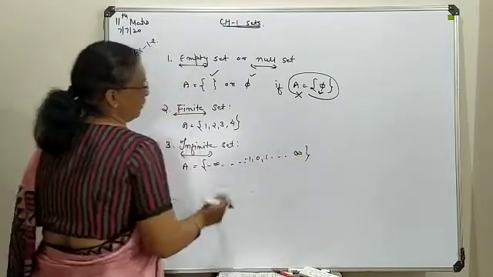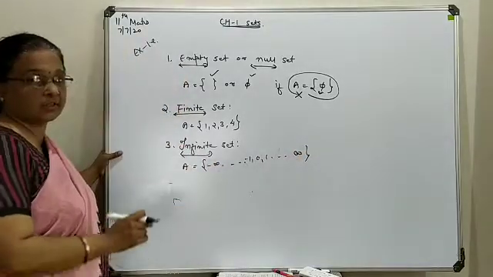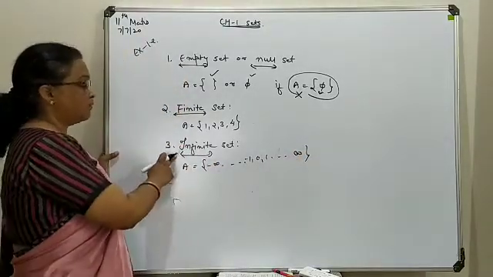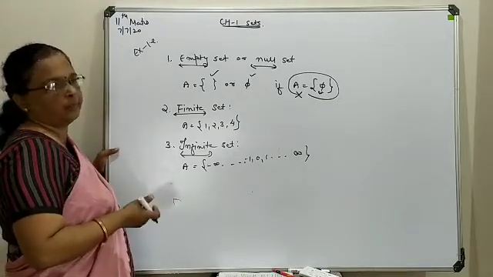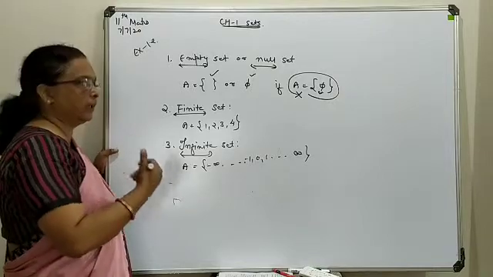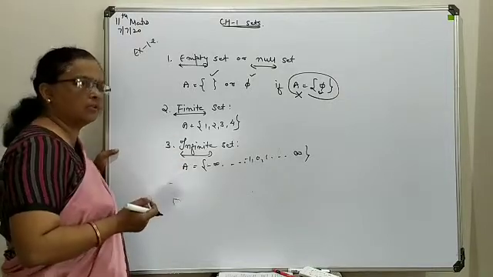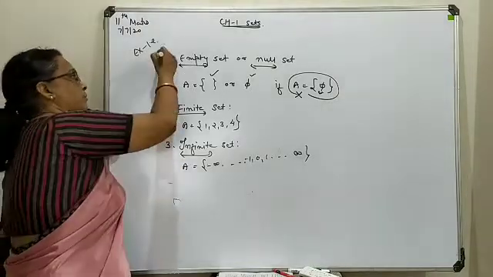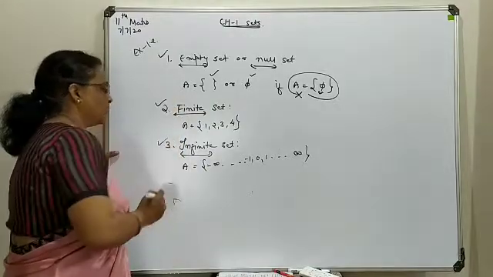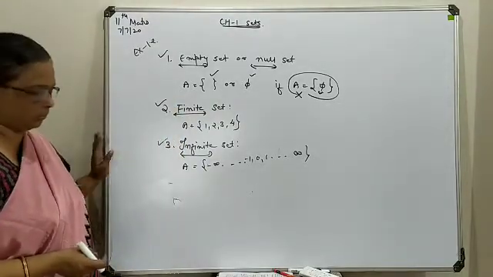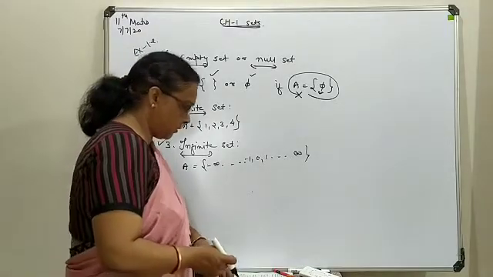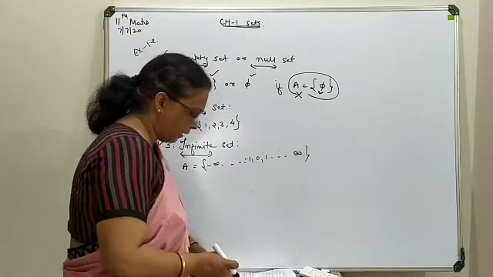This way it will go to infinity. So this type of combination we will consider as an infinite set, means a set in which the number of elements is not countable. It can be extended up to infinity. So these three types of sets you have to identify in the next exercise, that is 1.2. So move to the next exercise in which these three are to be identified.